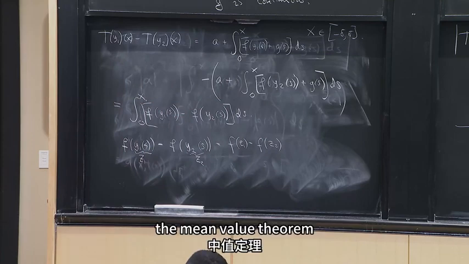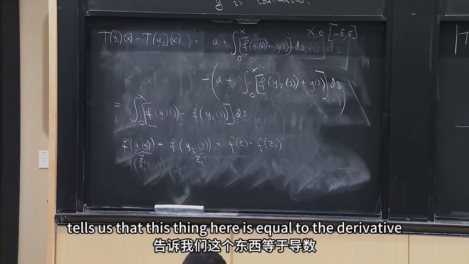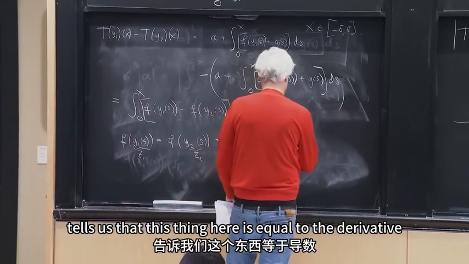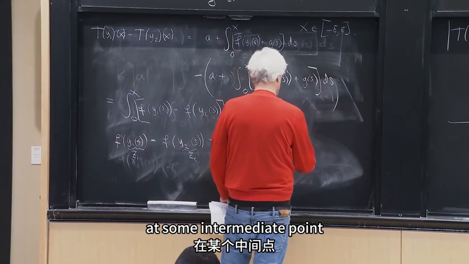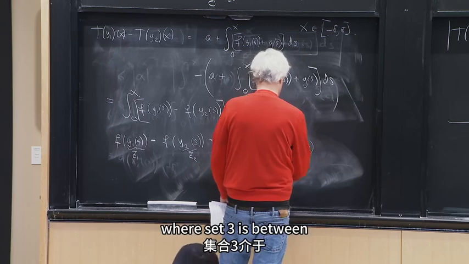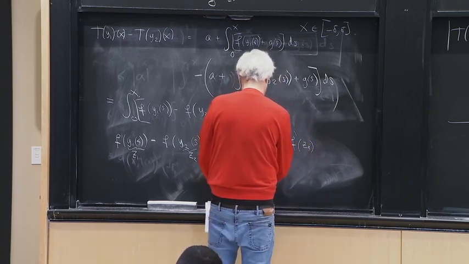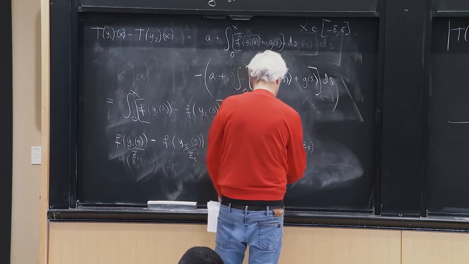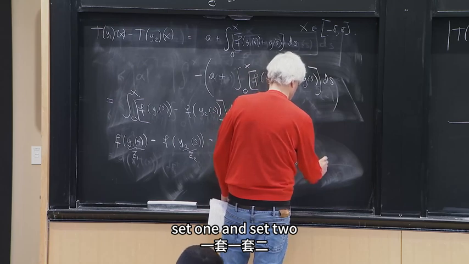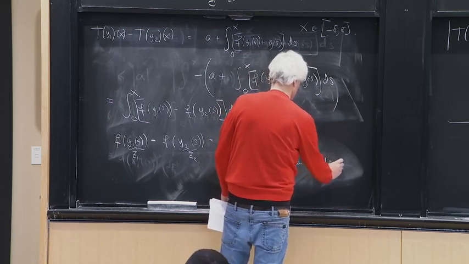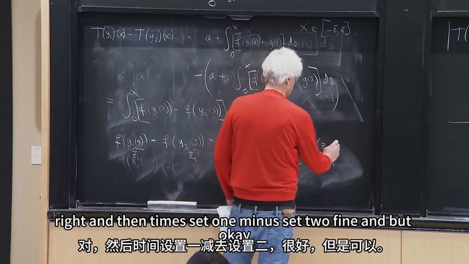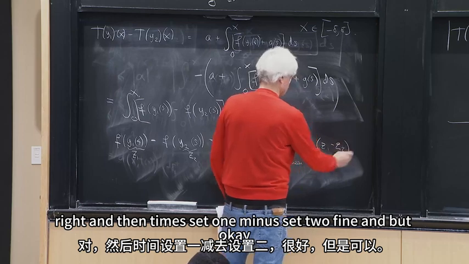Now, the mean value theorem tells us that this is equal to the derivative at some intermediate point, let's say z3, where z3 is between z1 and z2, times z1 minus z2.